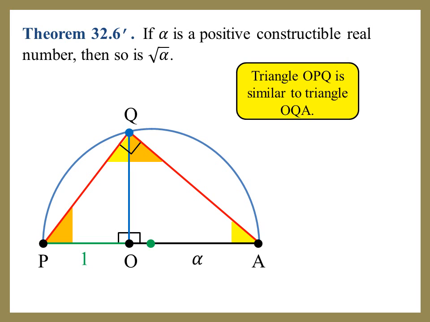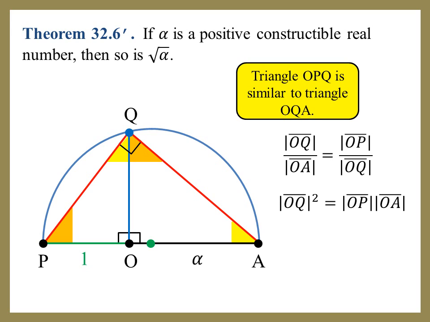Therefore, triangle OPQ is similar to triangle OQA. We now have the length of line segment OQ divided by the length of line segment OA equals the length of line segment OP divided by the length of line segment OQ.